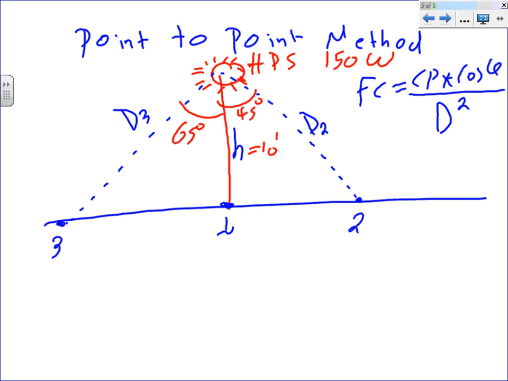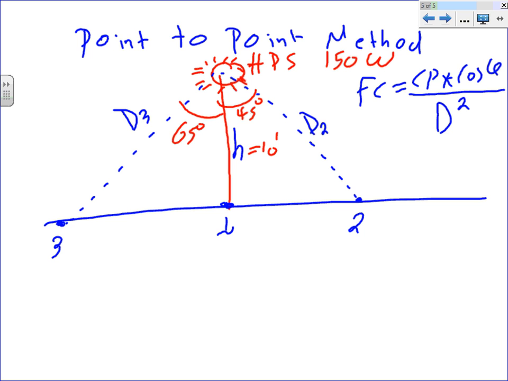Let me repeat myself. The foot-candle at any point equals the candela power at that particular angle, multiplied by the cosine of that angle, divided by the distance between the light and that particular point squared. One more time. This formula says if I want to find the foot-candle at point 2, here's how I do it.